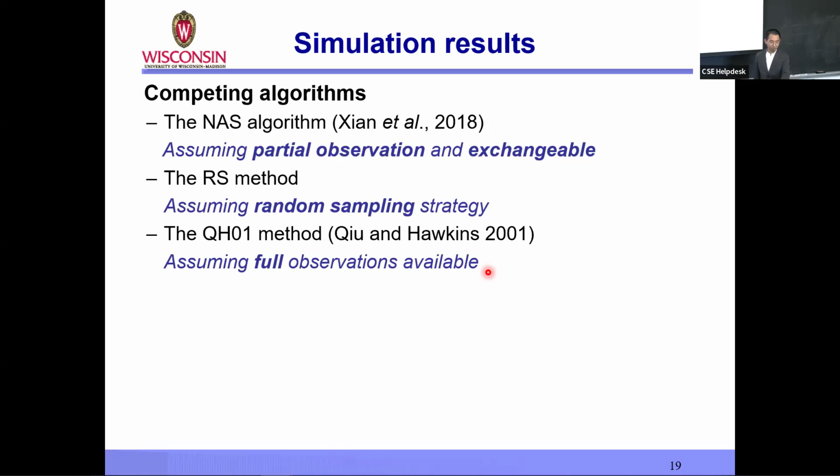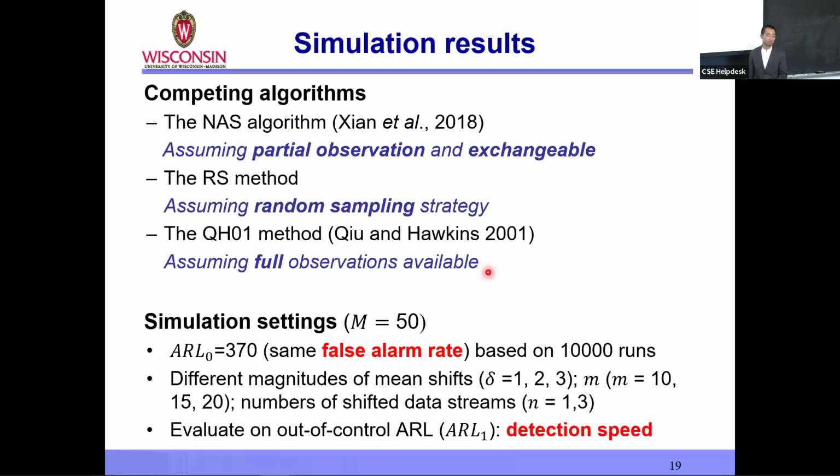So regarding the simulation setting, we assume in total we have 50 data streams. And for each method, we consider the same false alarm rate, or we call the in-control average run length, to be 370.